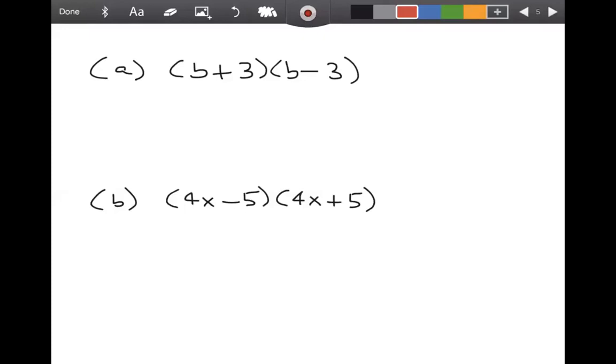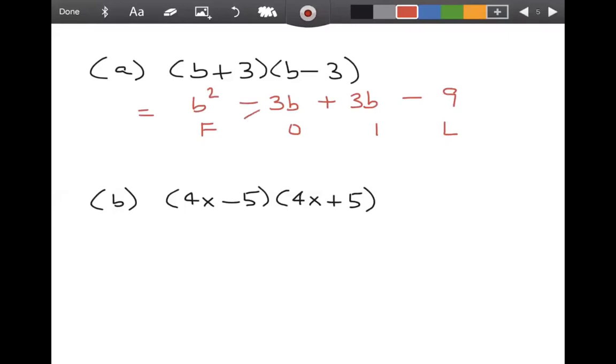So using FOIL, you would get b times b is b squared. B times negative 3 is minus 3b. 3 times b is plus 3b. And then 3 times negative 3 is negative 9. Now something happens that's kind of special.